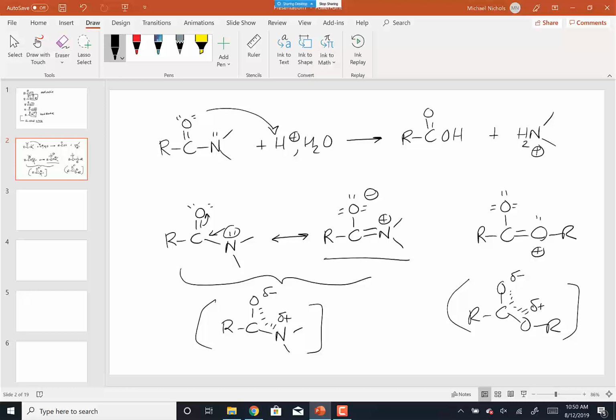So when we add acid to amides and esters, we never add the H+ to the nitrogen or to this oxygen, because in the resonance hybrid they are slightly positive. It's not a big positive charge, but they are still slightly positive. So that's not where the H+ is going to go. The H+ is always going to go on the carbonyl oxygen.